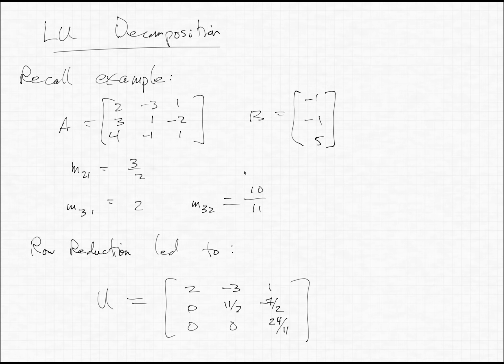Having done that much of the row reduction, we ended up with an upper triangular matrix. The matrix A had been transformed into this, where we had zeros in the lower left side of the matrix, and that's what we mean by an upper triangular matrix, that the lower left is all zeros.